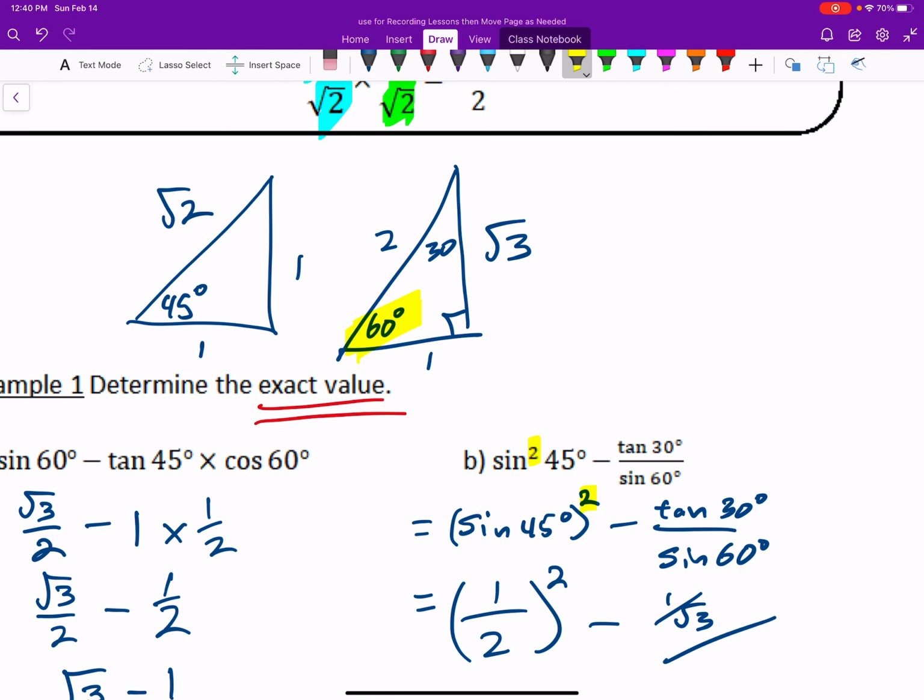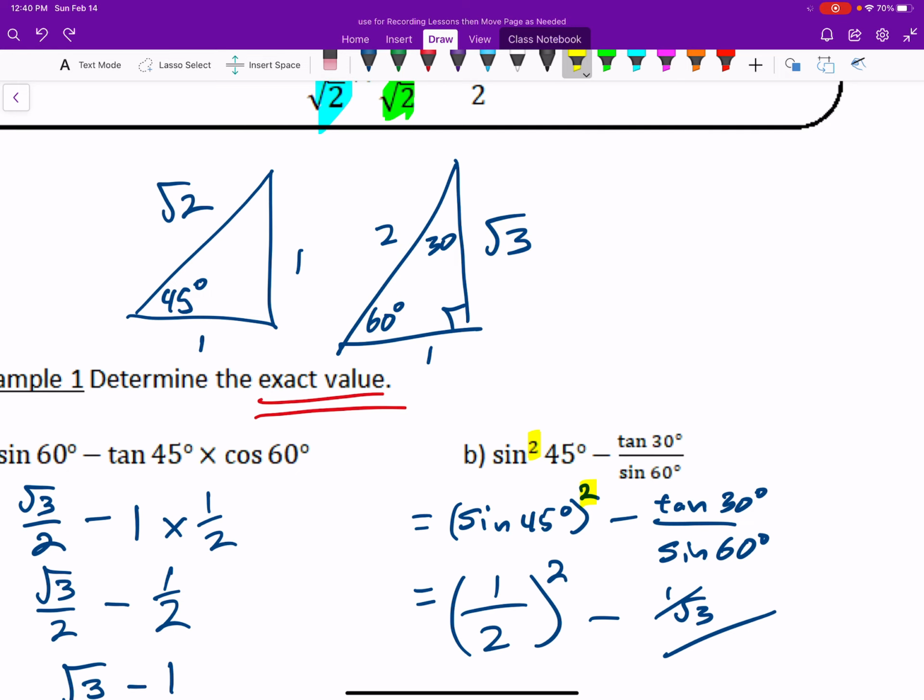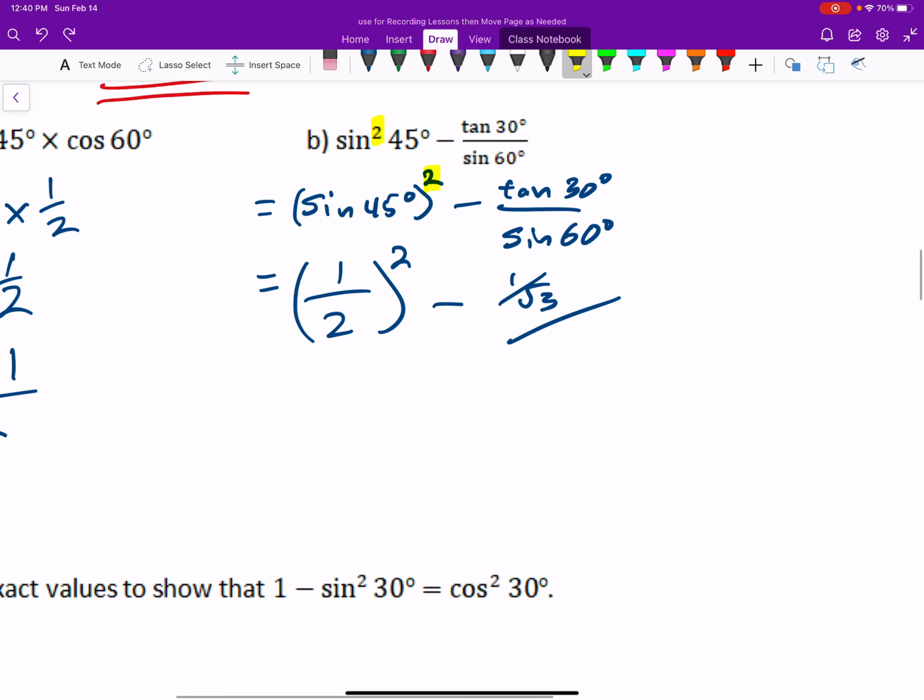So this angle here now, which is opposite over hypotenuse, so root 3 over 2. One half squared means 1/2 times 1/2, which will be 1/4.